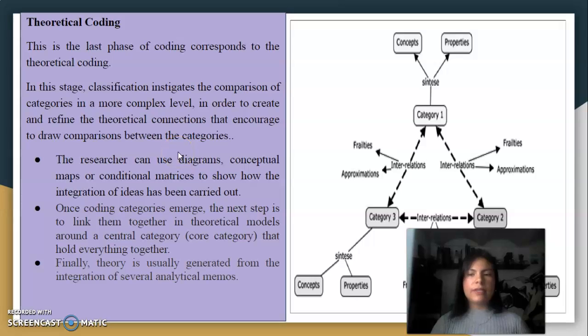Then the coding categories need to be linked together in theoretical models around the core or the central category. Finally, the complete theory is generated through the integration of analytical memos.